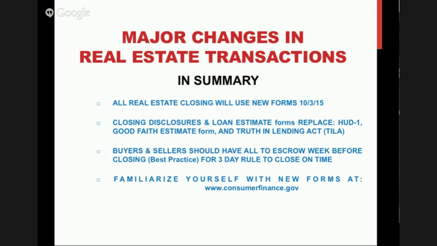The third item is buyers and sellers should have all their documentation to their escrow 1 week before closing as a best practice. The rule is 3 days, but if you have everything in 7 days ahead, then you've got time to get ready. You're not rushing.